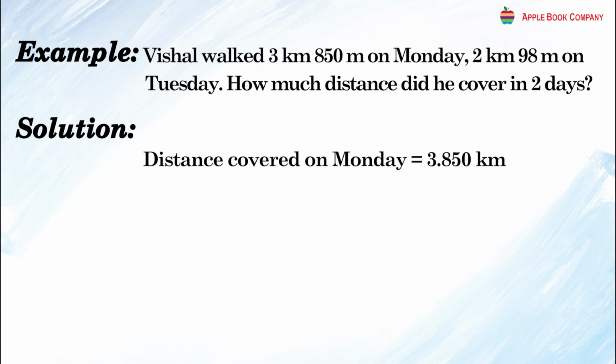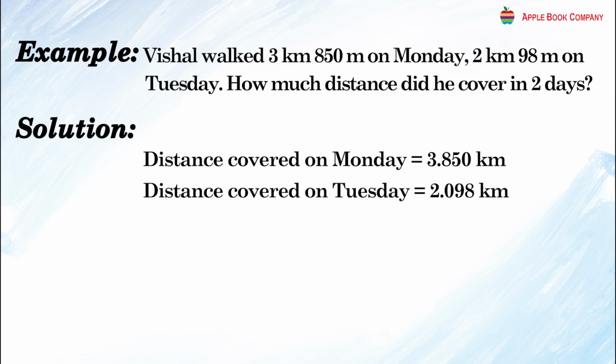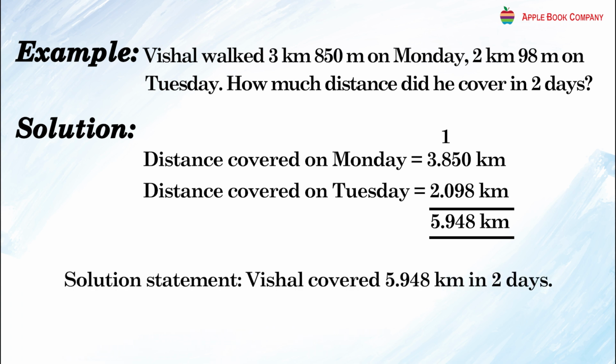Distance covered on Monday is equal to 3.850 km. Distance covered on Tuesday is equal to 2.098 km. So add both of them, you will get 5.948 km. And the solution statement: Vishal covered 5.948 km in 2 days.